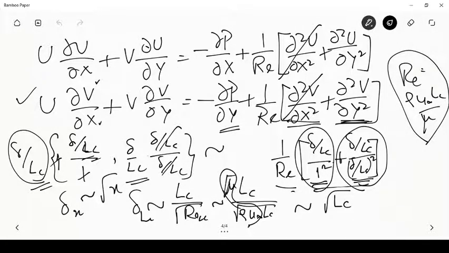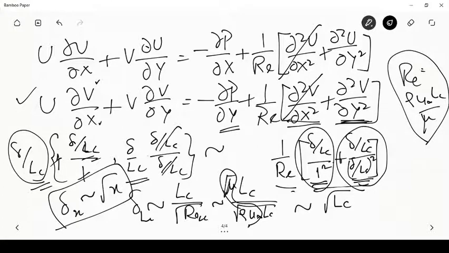So as x increases, the delta increases as square root of x. That is the second result that we get.